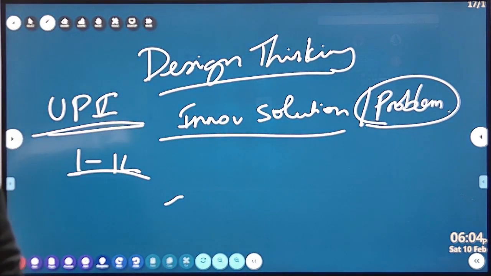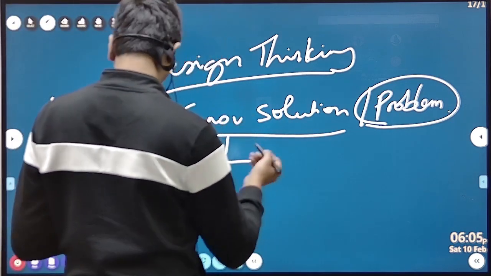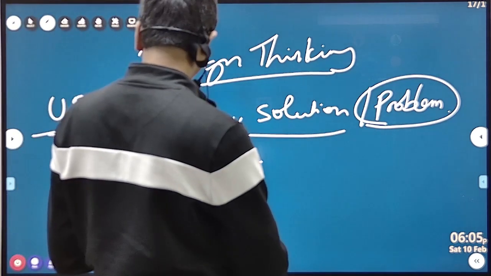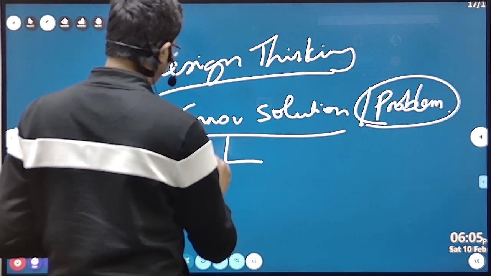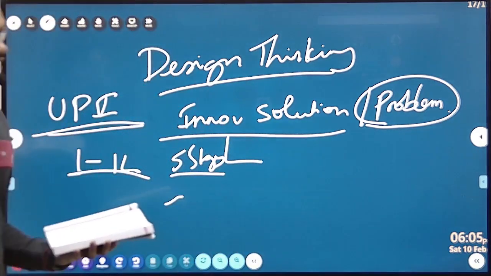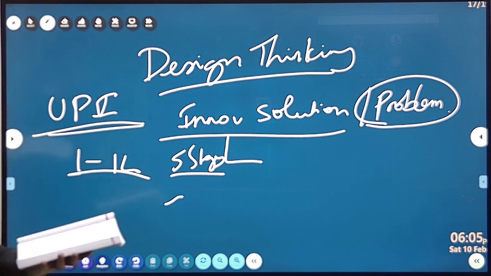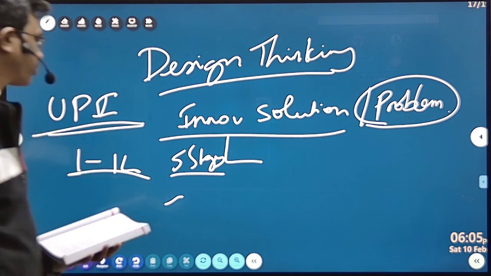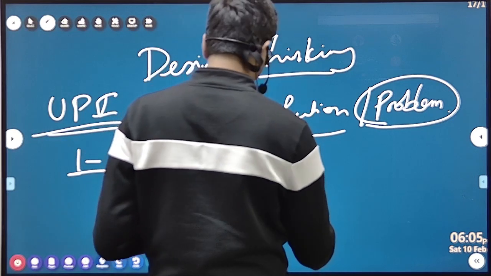So what is the process of this? It is not a 5-step process, but it has 5 stages. We have to note that these stages are not one after the other. This keeps happening parallelly. You can come back to one stage, go up, and do it again. First is empathize.